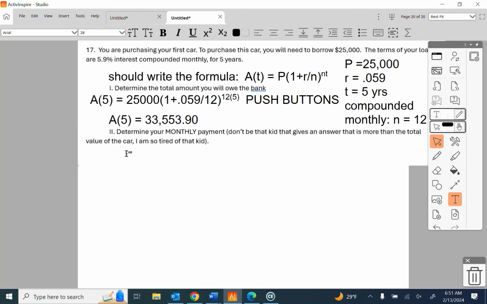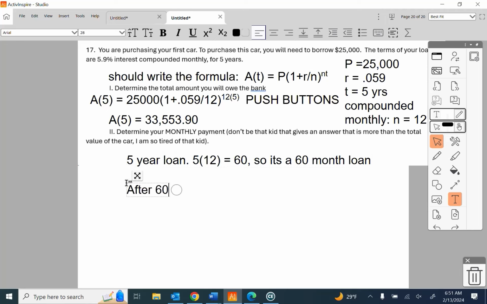There's lots of ways of doing this, but here's the deal. It is a 5-year loan, so there are 60 months. Now, 5 times 12 is 60. So it's a 60-month loan. After 60 months, you owe $33,553.90.